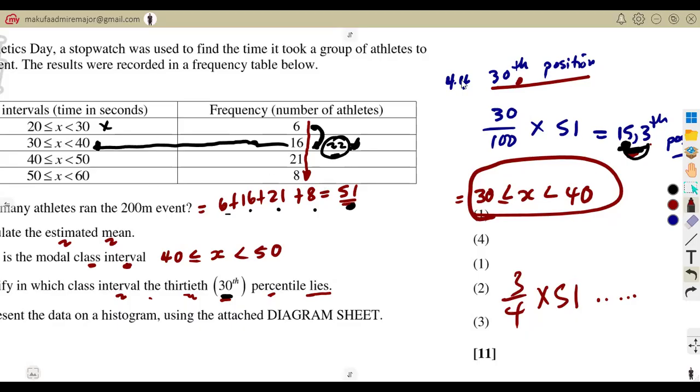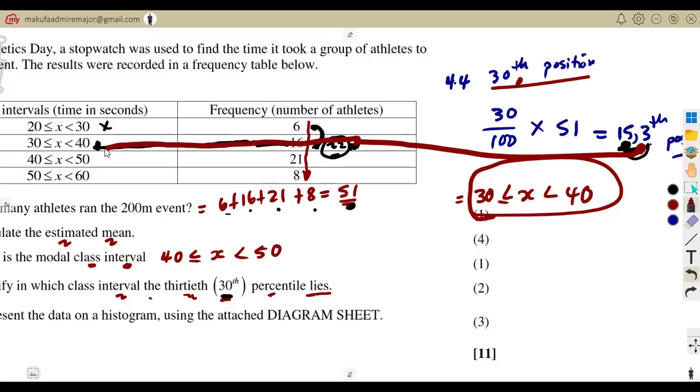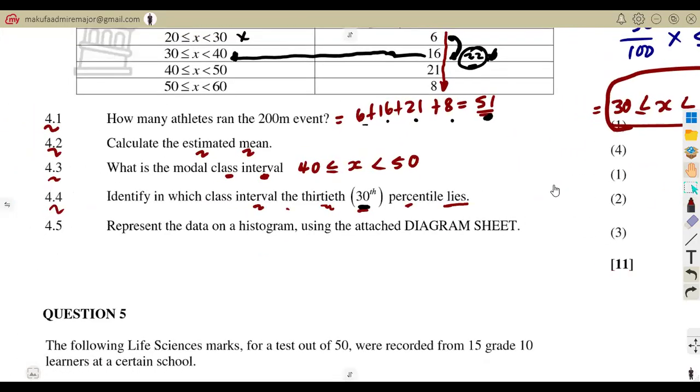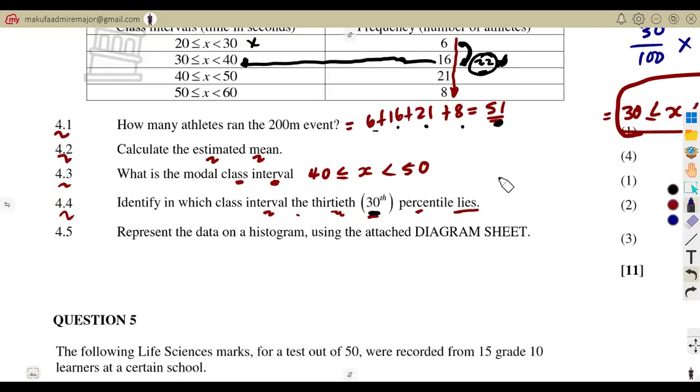You take the class corresponding to that number, like what we saw. It is occurring in 22, and 22 occurred under this class. So guys, please do read your questions clearly and also do as many questions as you can.